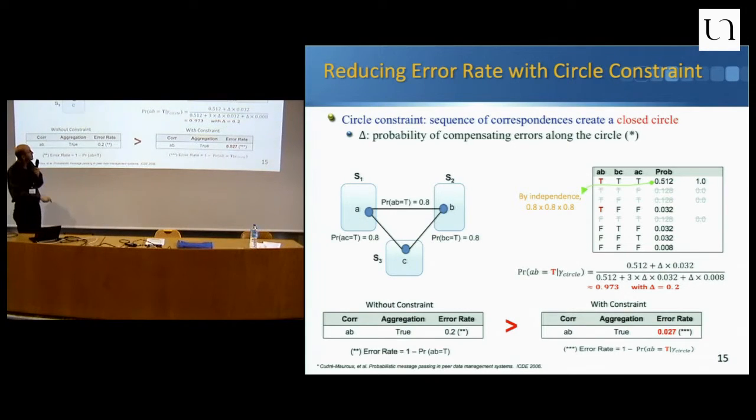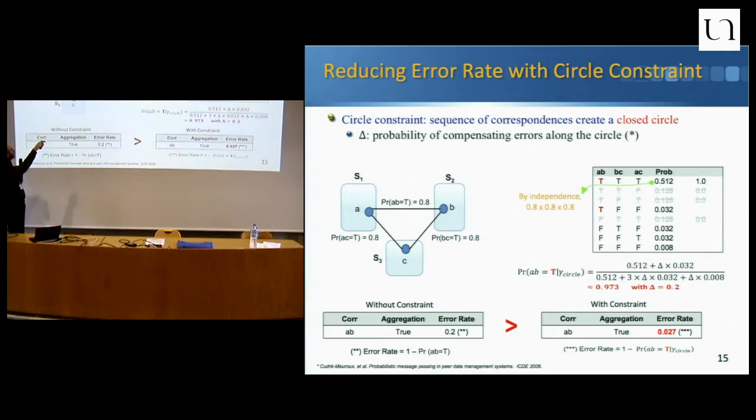Here we need to take into account the probability that such a circle exists, that there are errors compensating each other along the circle.